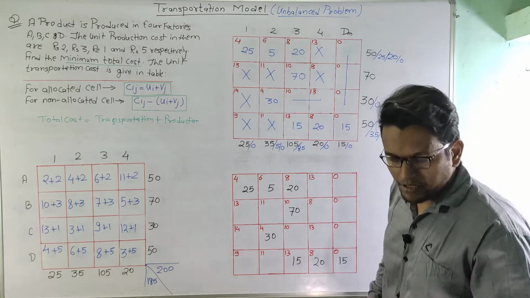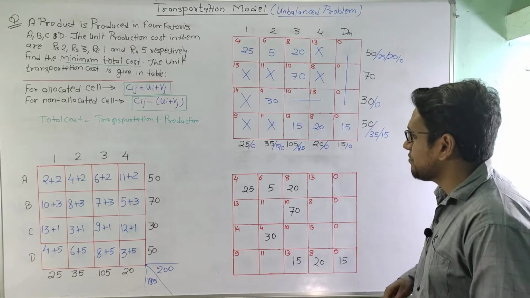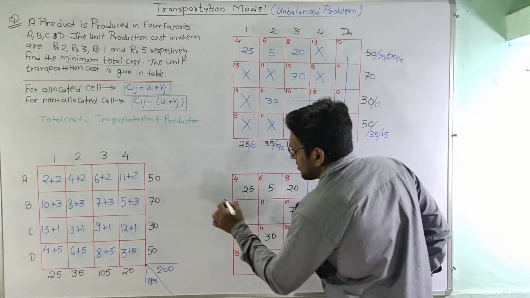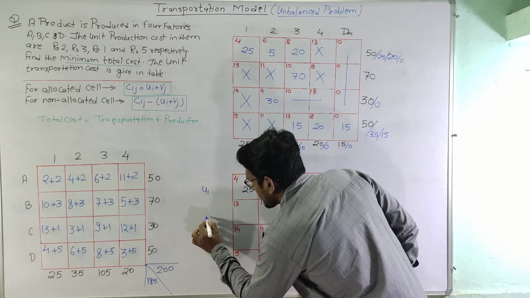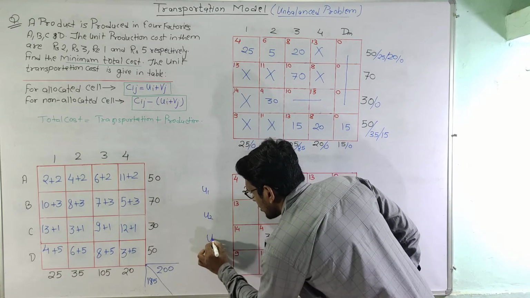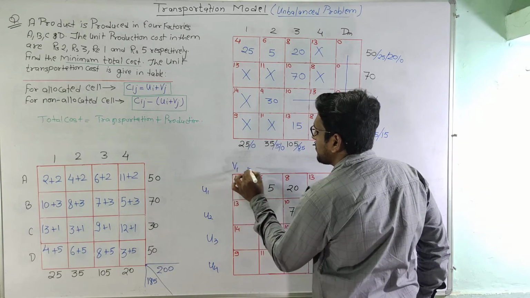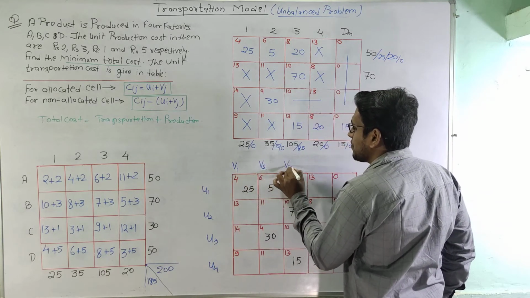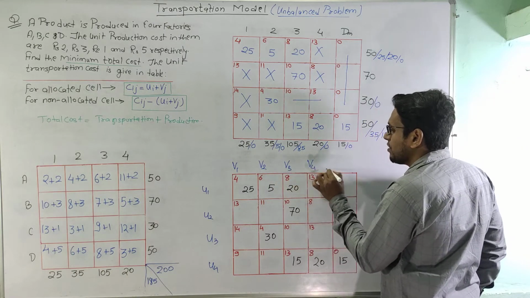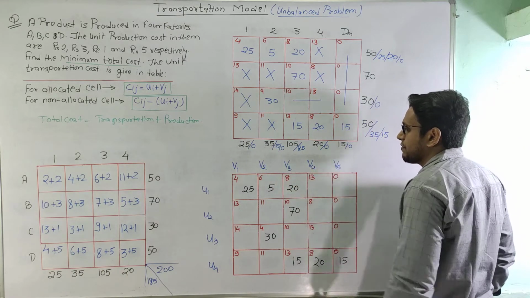So in that particular method we will have a set of variables which is u1, u2, u3, u4. Similarly v1, v2, v3, v4 and v5.